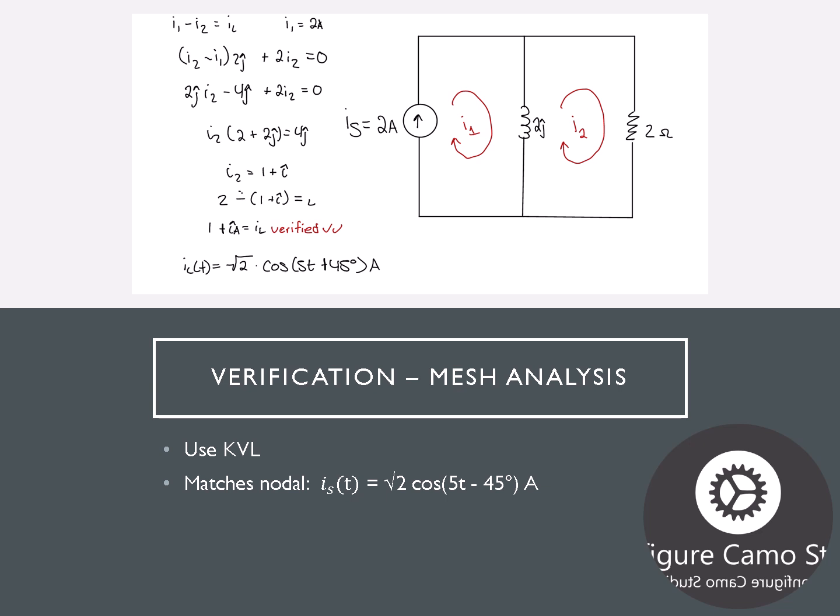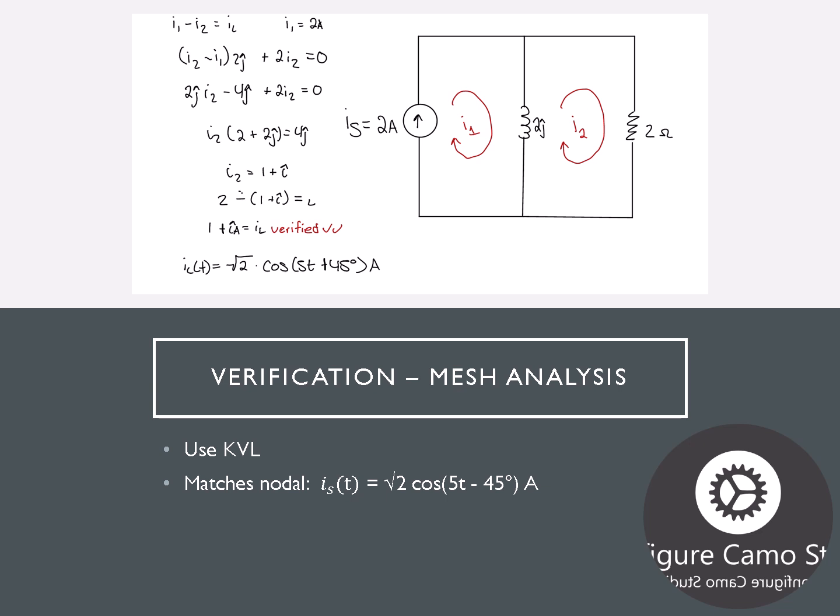If you take a glance at this, we know that I1 is equal to 2 amps. Then looking at the right loop, I2, we multiply 2j, the inductor, by I2 minus I1, the opposing current, plus 2 times I2, the resistor.